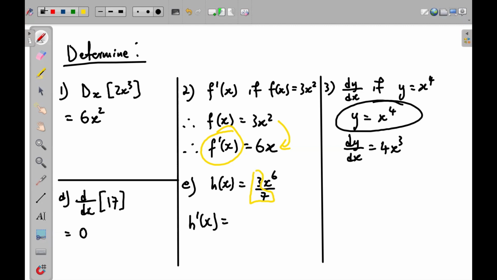So when you bring in the 6, you are multiplying 6 by 3 over 7. And if you are not sure, you can even use your calculator for that. So your final answer will be 18 over 7 x to the 5, because 3 times 6 is actually an 18 over 7. So that is what the result will be. So I hope this is very much clear and there aren't issues there.